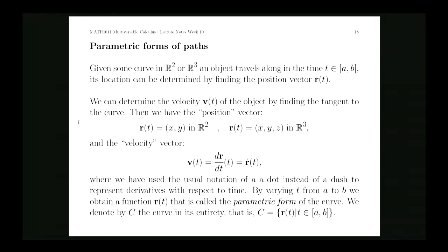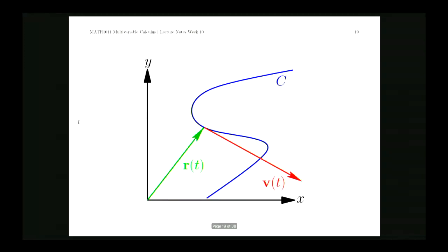And then we have some other notation. We have the position vector and velocity vector. We often use those terms interchangeably. Note we use dot notation here because it is a derivative with respect to time. Recall that this is the parametric representation of a curve.